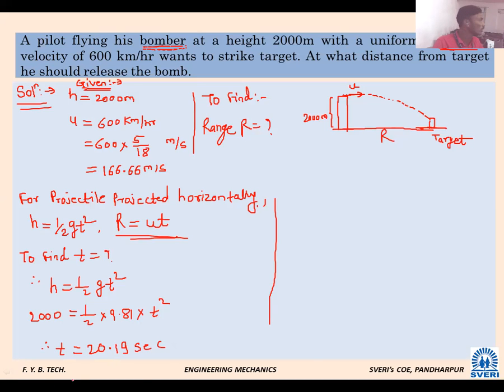Next. If you are knowing T now, simple. Range is equal to U into T. What is U? 166.66 into 20.19, calculate this.